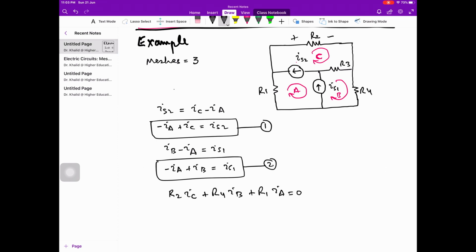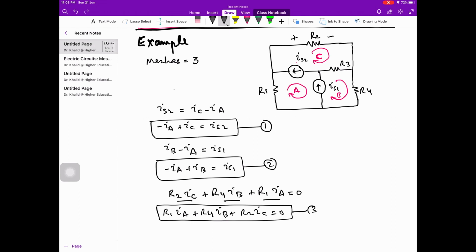Rearrange this equation. The coefficients of IA, I have to write in an ordered form: IA, then IB. This is R4, and then IC plus R2 IC, this is equal to 0, and this is our third equation.